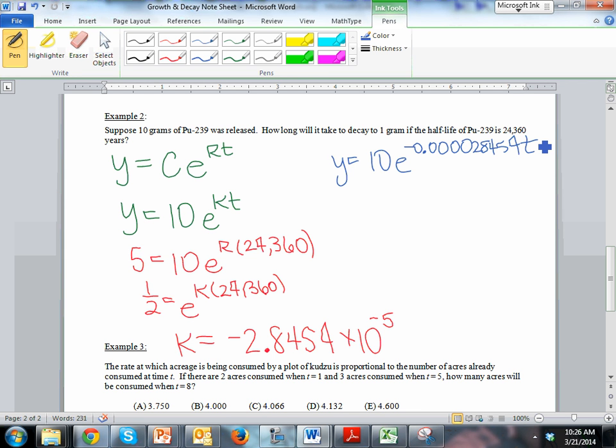Now I want to know how long it will take to get to 1 gram. So where does 1 go? I'm not going to write it out again, starting from our K. So we have 1/10 equals e to that number times t. So what do we have to do?